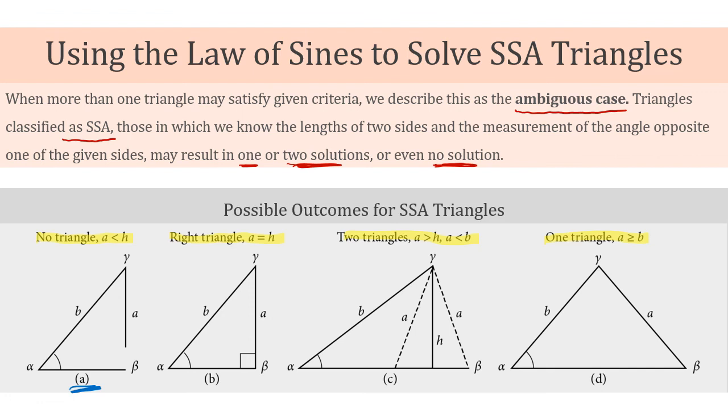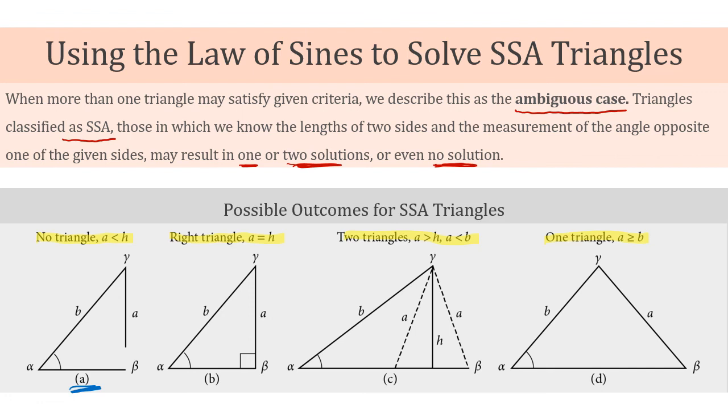So h in this case would be the perpendicular to this base. So you can see really clearly that that side A is shorter than what that altitude would be. So it just doesn't get there, and therefore you can't have a triangle. You would have a right triangle if A is actually equal to h. That would be a right triangle. And we didn't look at that example because we've talked about right triangles before.